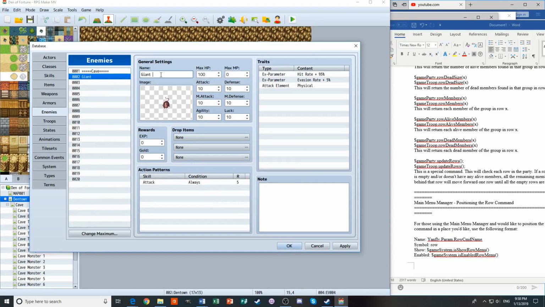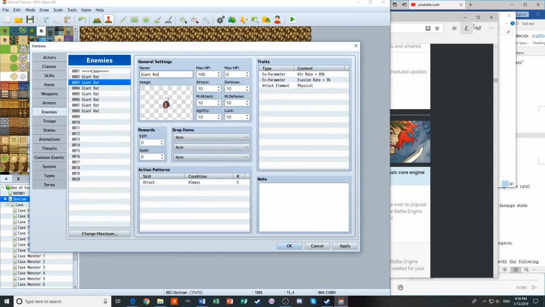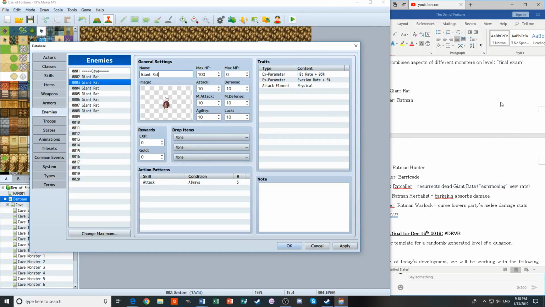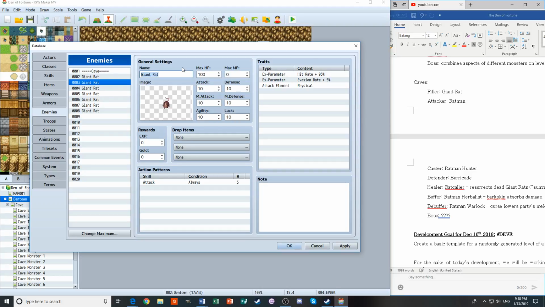We can just put placeholders here for all of the various enemies. So we'll just copy this for all of them. Whoops, that's totally not what I meant to do. Ratman. Ratman Hunter. Barricade.